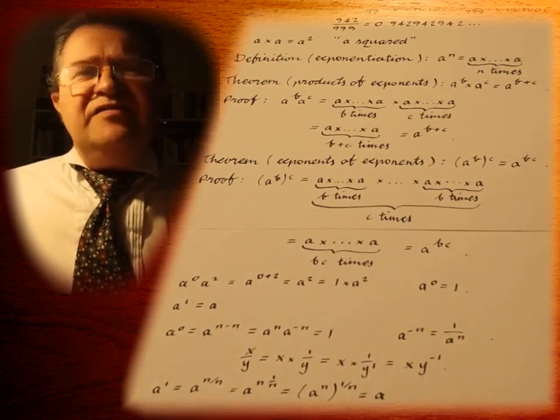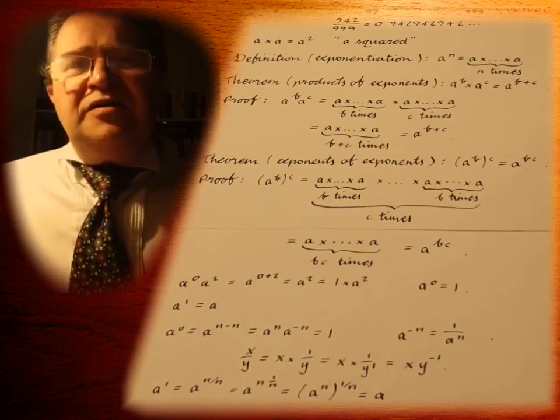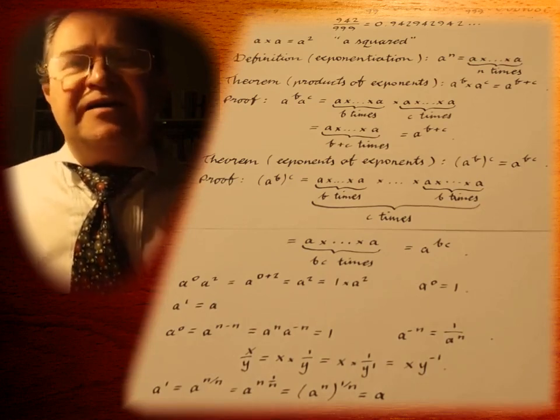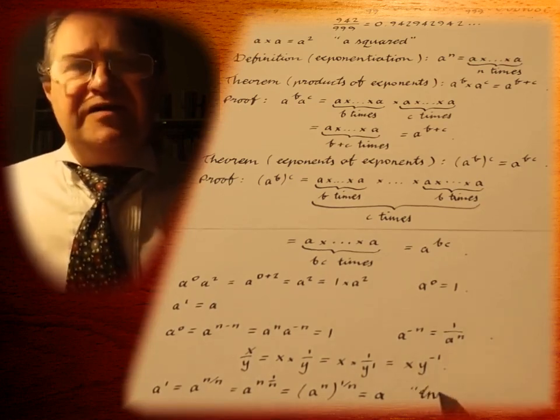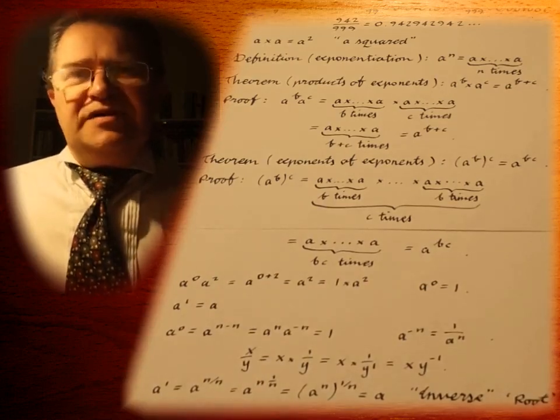Then the act of raising to the 1 over n is to reverse, undo, the act of raising to the n. We say technically that raising to 1 over n is the inverse of raising to n. This is known as taking the root.